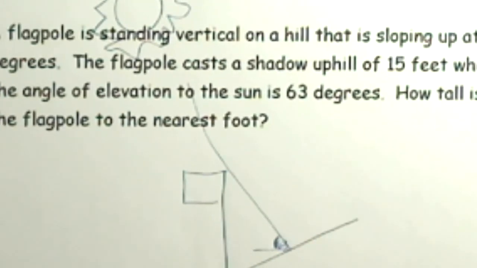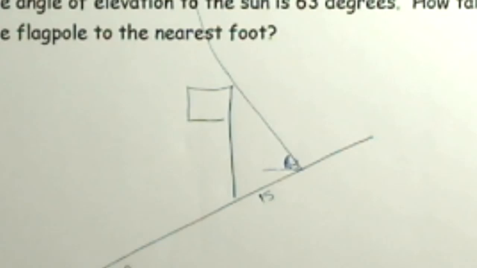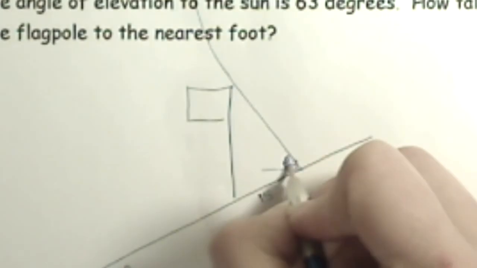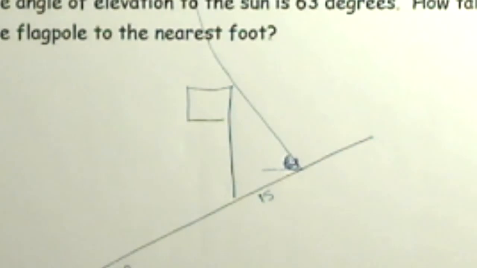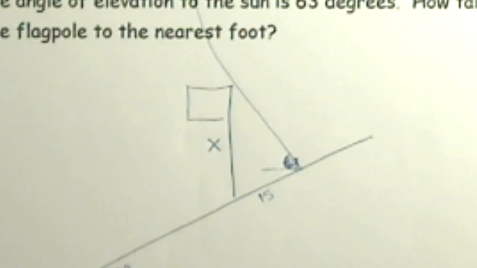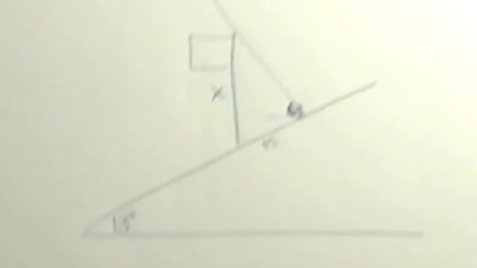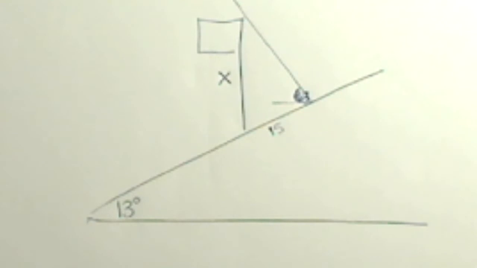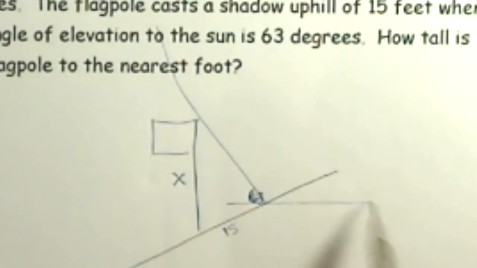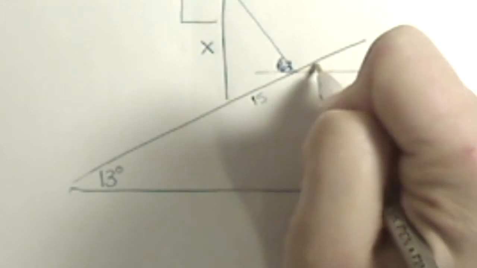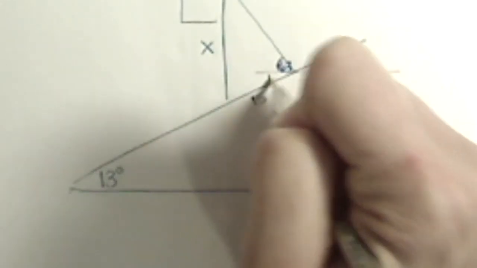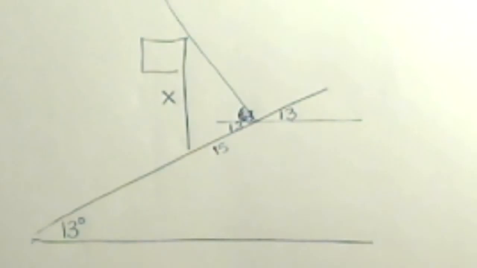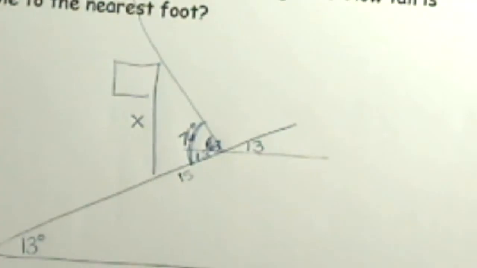I have to zoom in more on my picture here. Okay, so this angle right here is 63. Let's find out how tall the flagpole is. Okay, well, originally with our 13 degrees here, if I draw another parallel line, this angle is going to be 13, and so is this one, which means if I add together my 63 and my 13, I get an angle of 76 for this angle in the triangle.